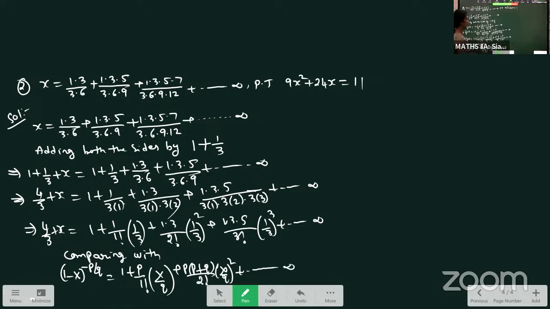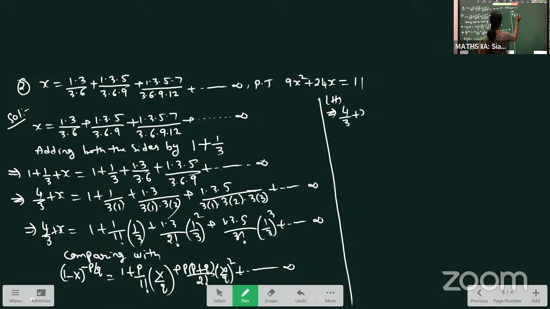Now first take LHS and compare. LHS of the question is 4 by 3 plus x and LHS of the formula is 1 minus x to the power minus p by q. Take it as equation 1.